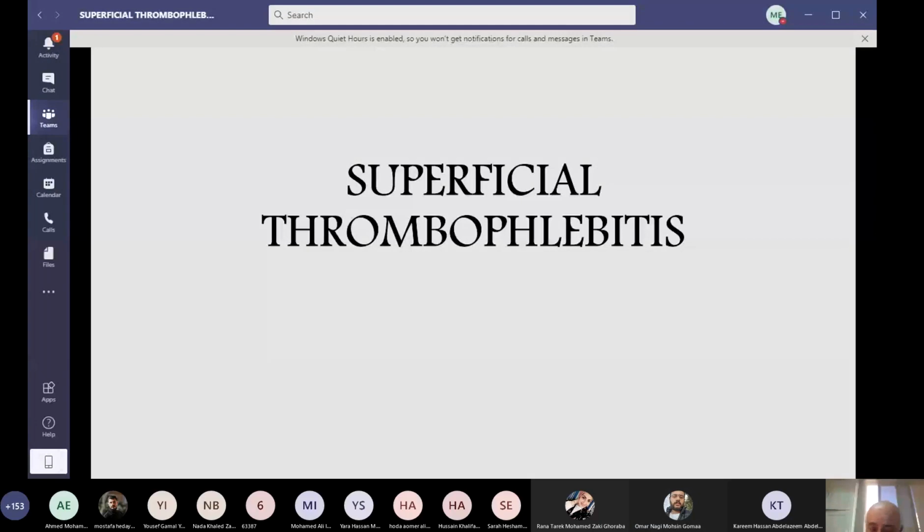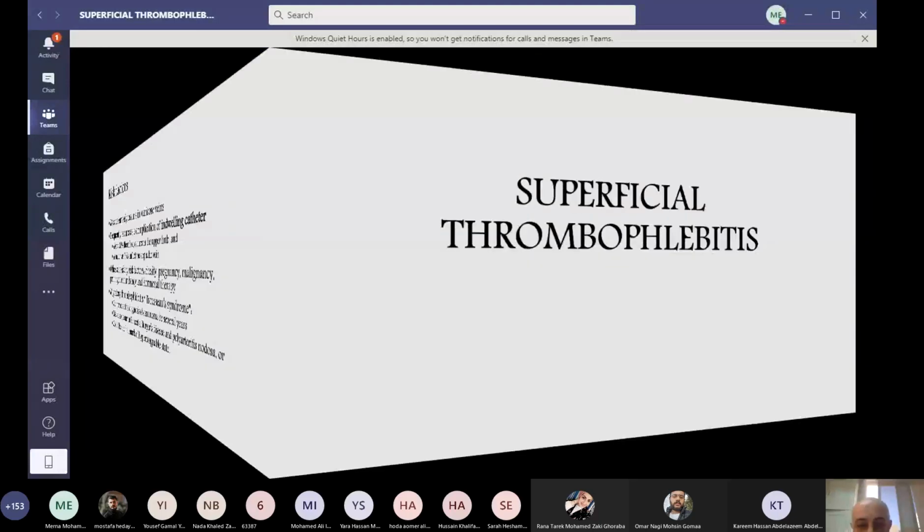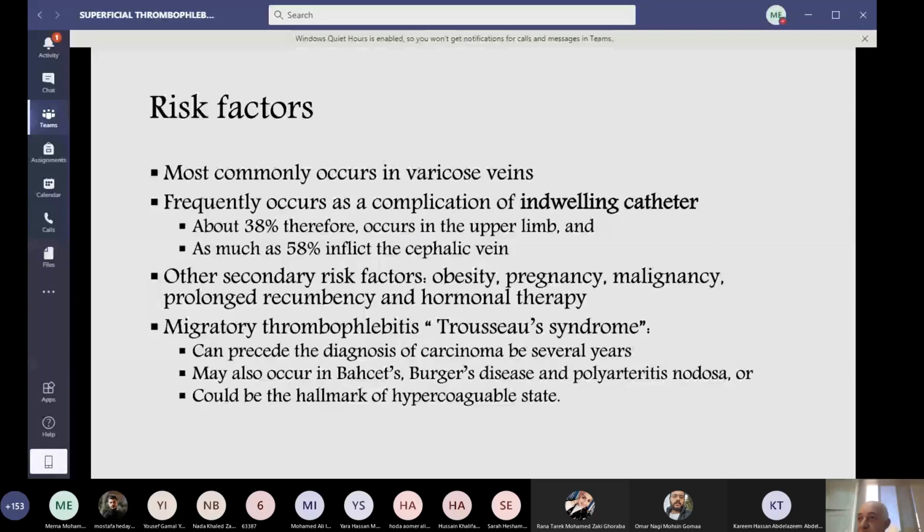For these superficial veins to get thrombosed, we have no definite cause, but there are some risk factors that could put the patient at risk of developing this thrombophlebitis. Most commonly, it occurs in varicose veins because they provide much of the environment for this thrombosis to happen.